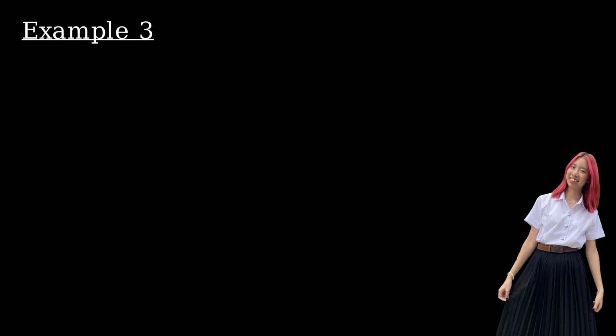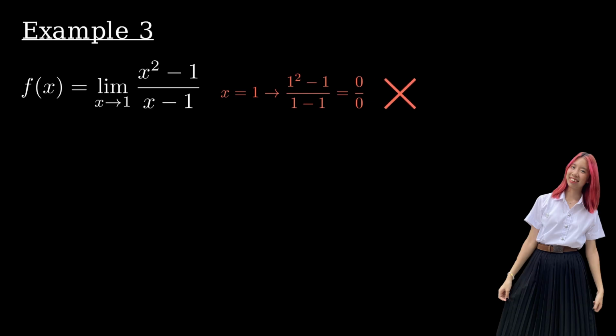Now, let's continue with the first example. The limit as x approaches 1 of x squared minus 1 over x minus 1. You can't directly substitute x equals 1 here, because it gives 0 over 0. So, we have to do something. The method we choose is factorization.